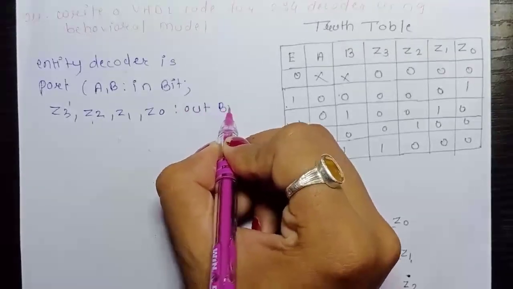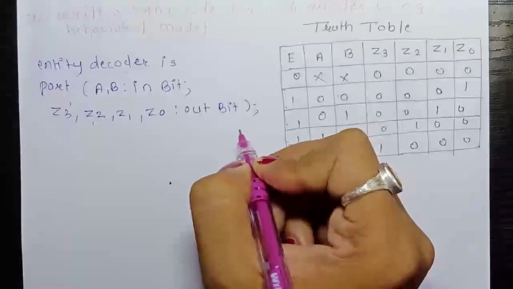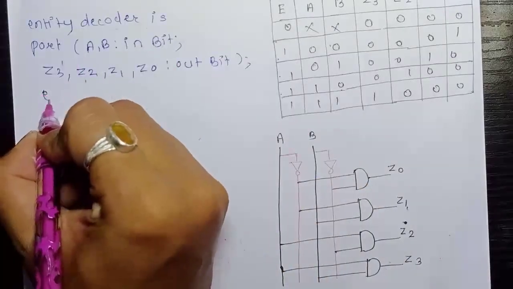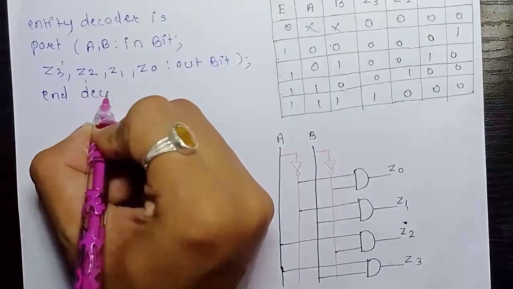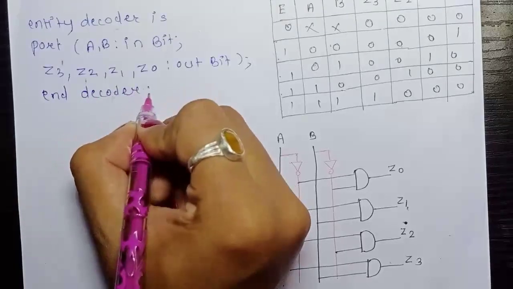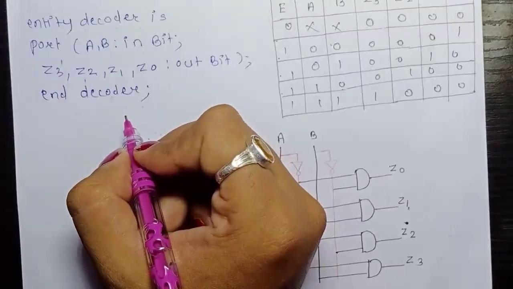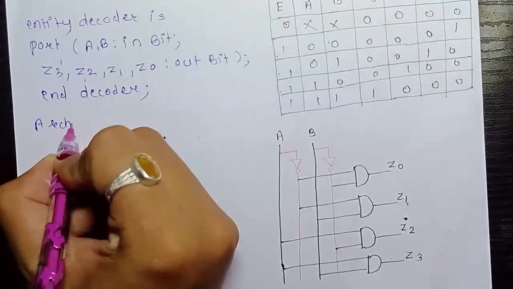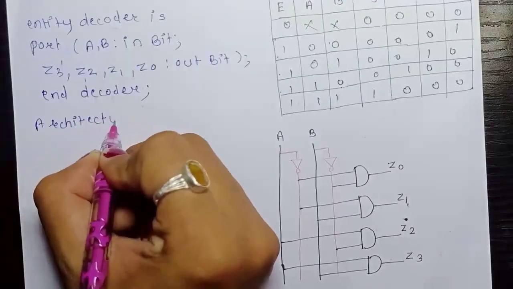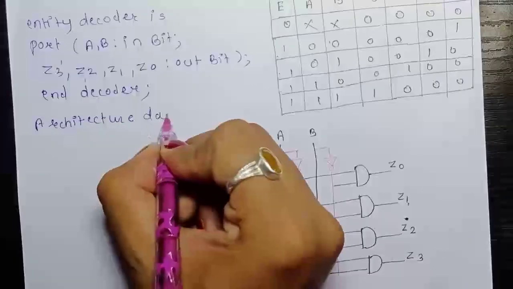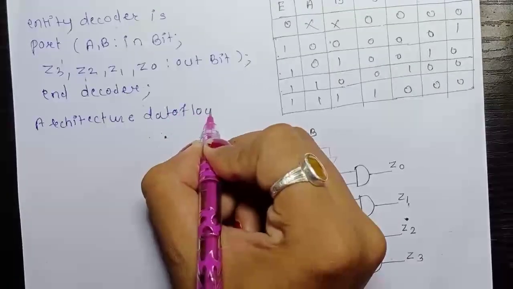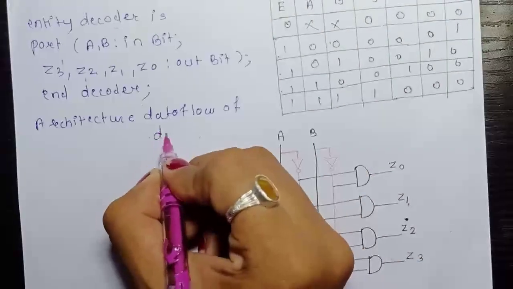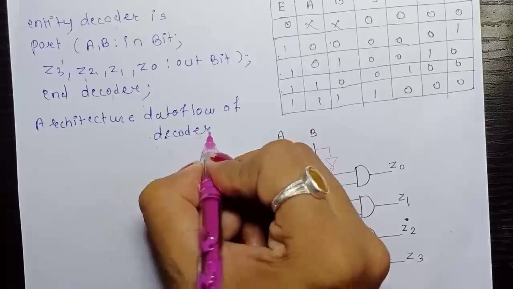The data type associated with the output ports is bit. And then end entity, that is end decoder. Okay, now next is architecture. So keyword architecture, the name of my architecture is data flow, of entity decoder.